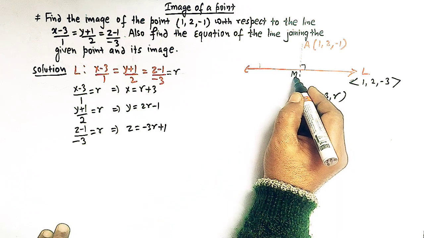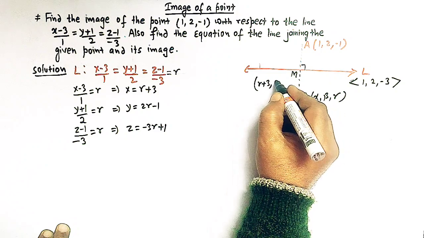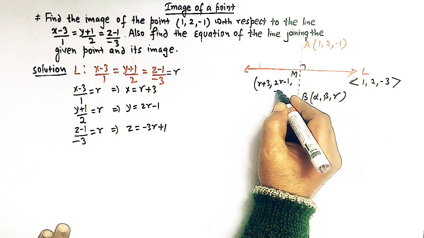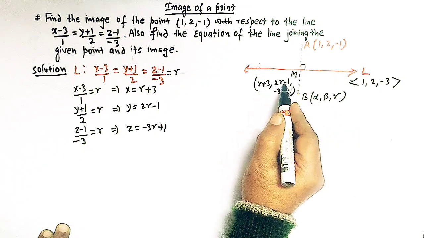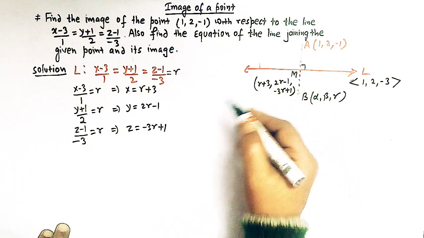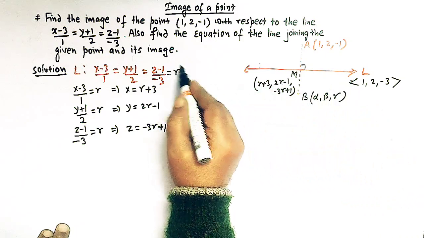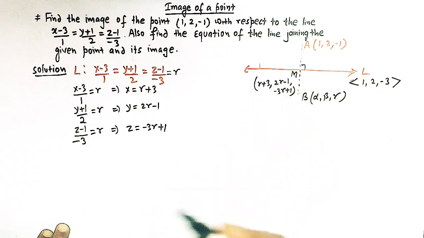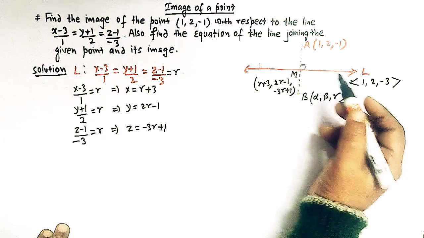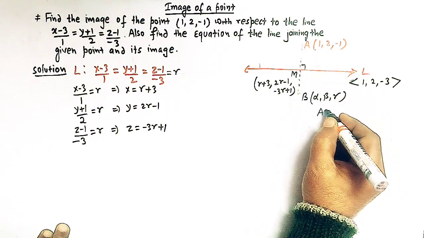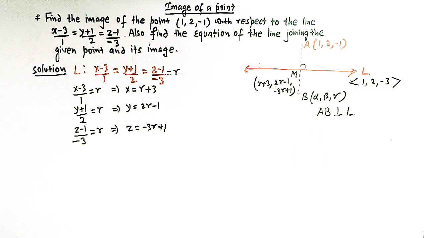So the coordinates of this point M can now be written as (R + 3, 2R - 1, -3R + 1) for some particular value of R. And now our aim is to find the value of this scalar R by the concept of perpendicularity of two lines, right? So here AB is perpendicular to this line L.